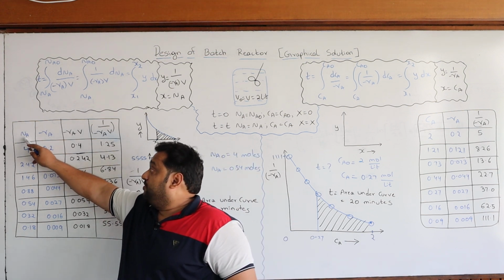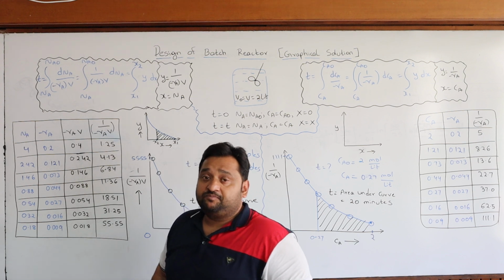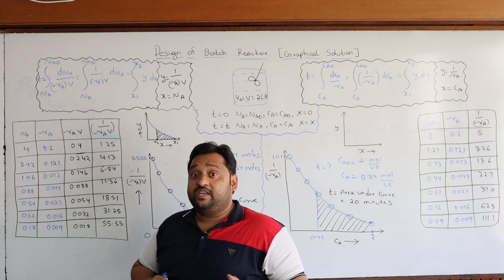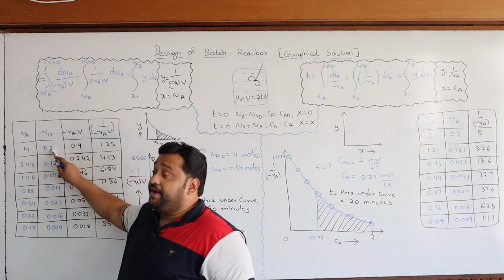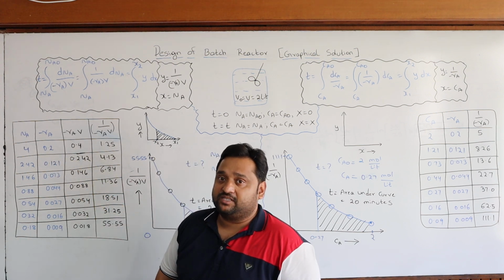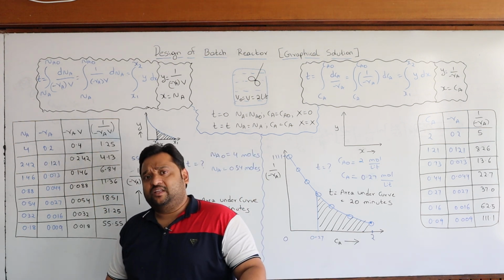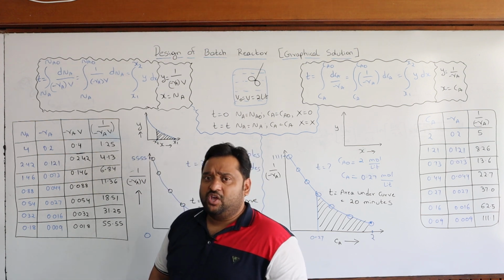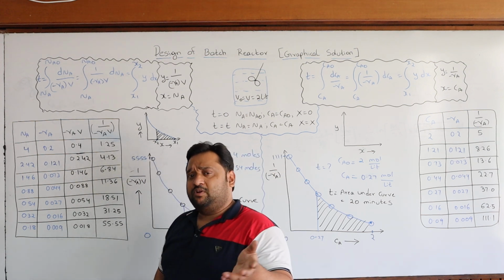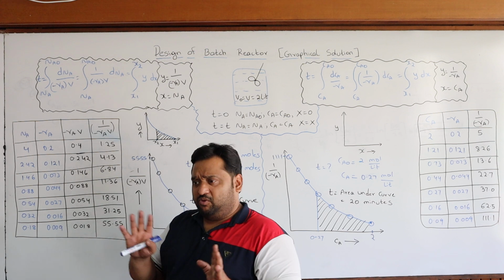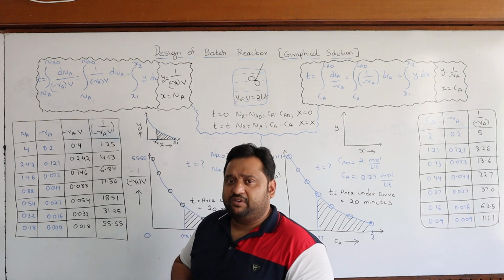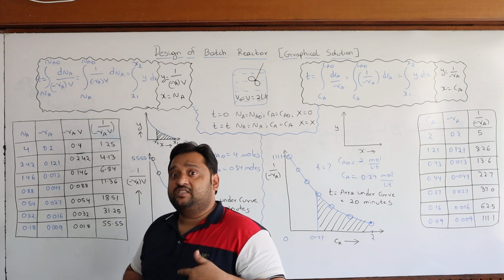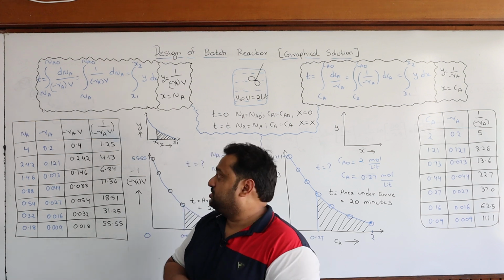So I know the moles. For example, when moles is 4, the rate of reaction is 0.2 mole per liter per minute. That means you can easily measure the rate. Once you know the initial moles minus the final moles, if you do some mathematics, you can find the speed at which the reaction is happening between the two time intervals.